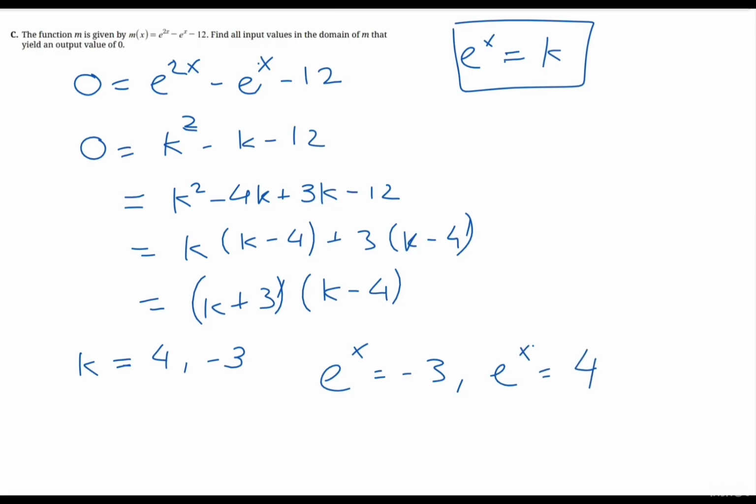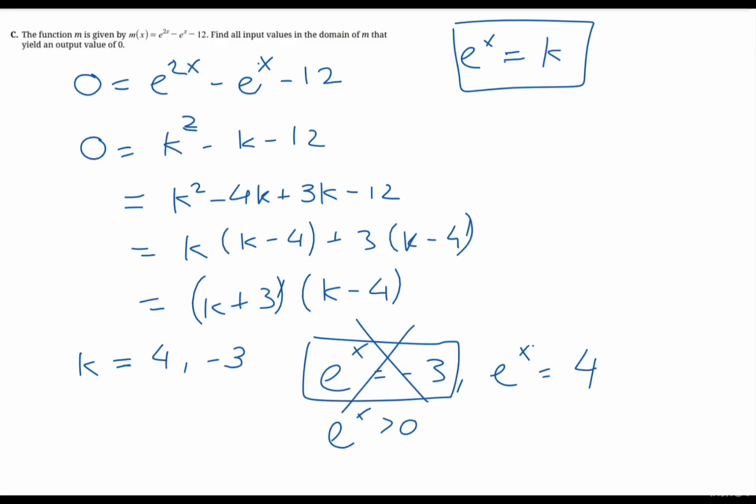Now look, the range of e to the power x is positive, right? Whenever you raise e to the power anything, e to the power x is essentially greater than 0, which means that this is not in the domain. So we'll cancel that out. This is not in the domain.